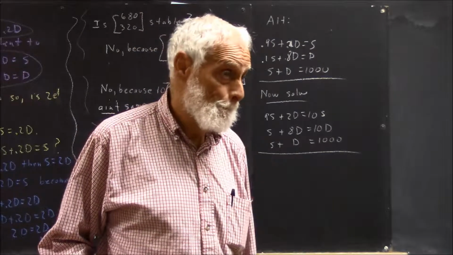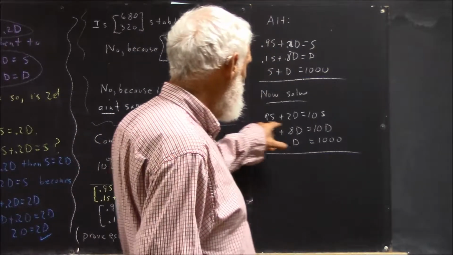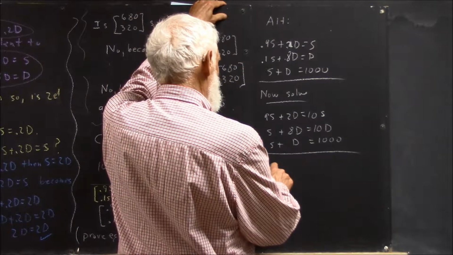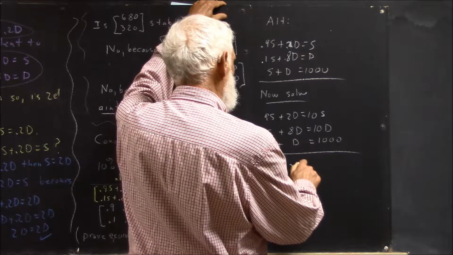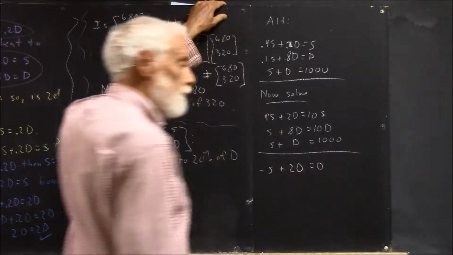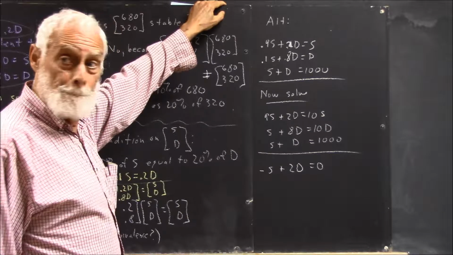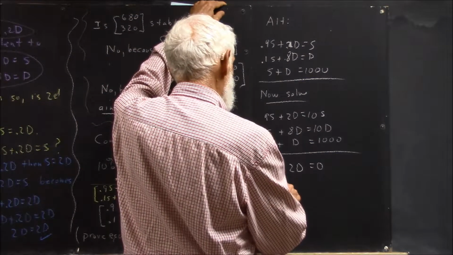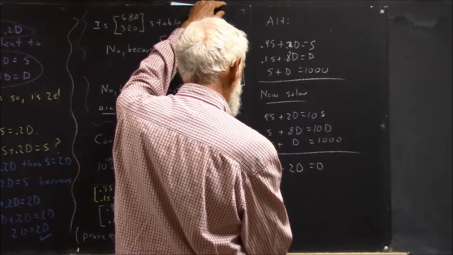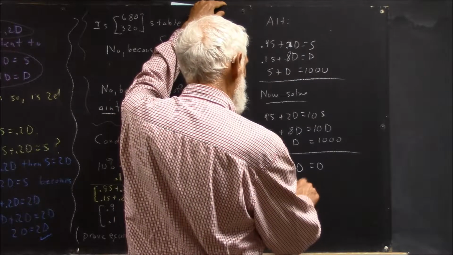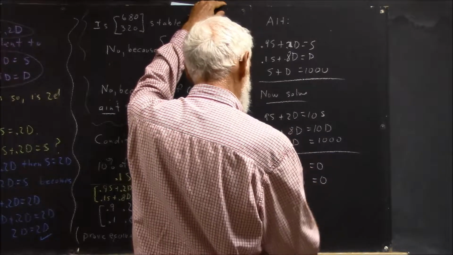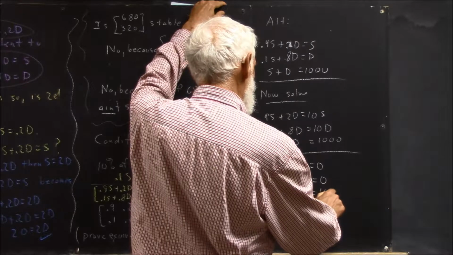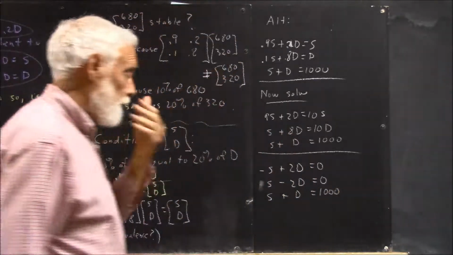So here I can write this as negative s plus 2d equals 0, and I can write this as negative s minus 2d equals 0. And then I can write s plus d equals 1,000, right?